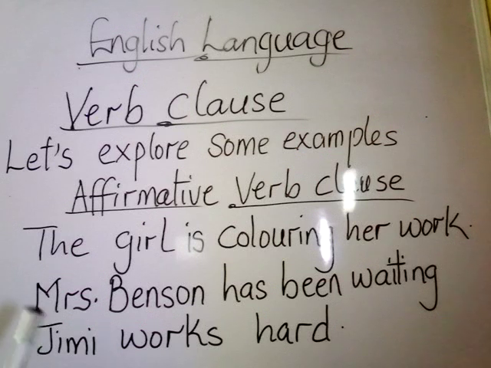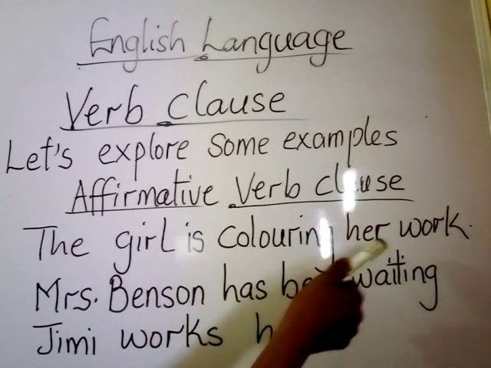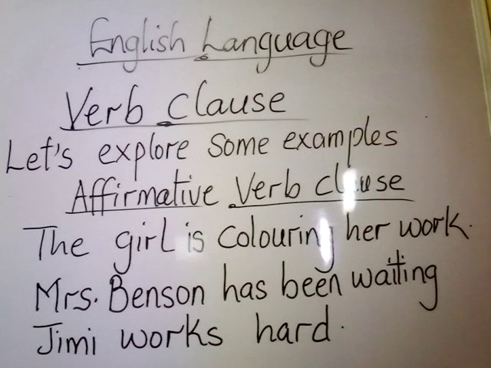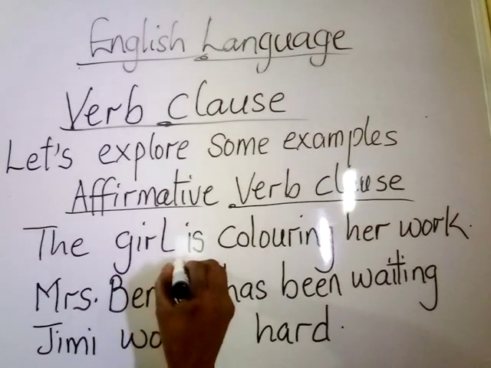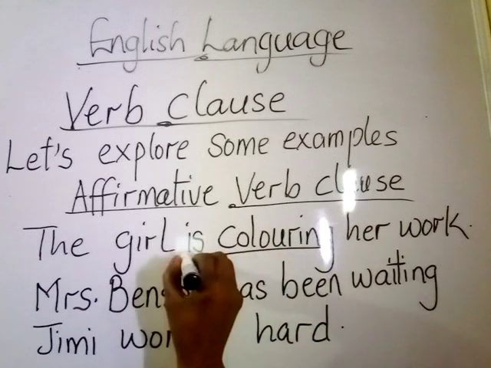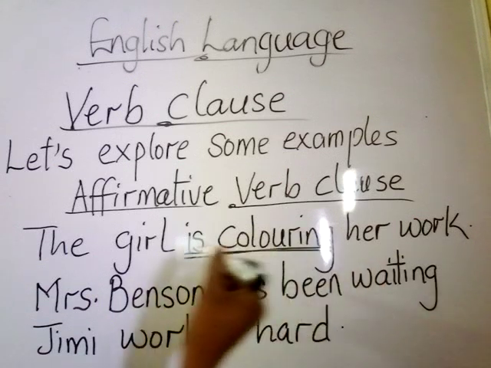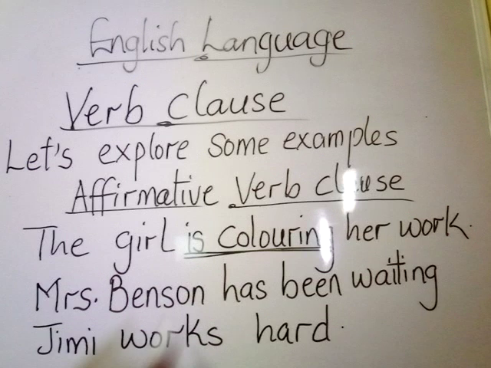So the first one here says, the girl is coloring her work. Now, coloring, we know, is the main verb. The is here is the helping verb. Is helping the main verb coloring.